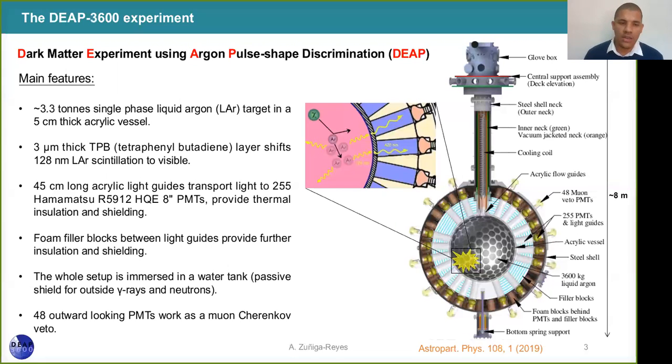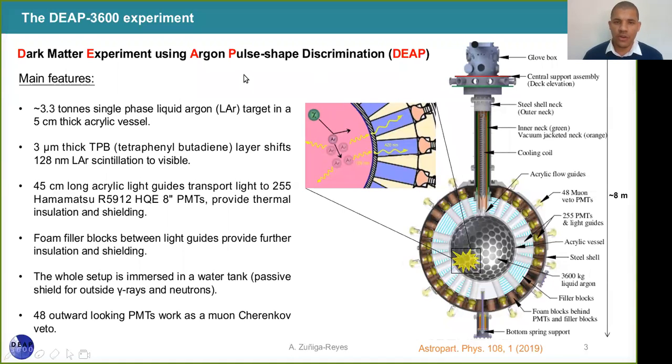Also, the detector has foam filler blocks that provide insulation and shielding. And this whole setup was immersed in a water tank in order to block outside radiation like gamma rays and neutrons. The detector contains outer PMTs that work as a muon veto.